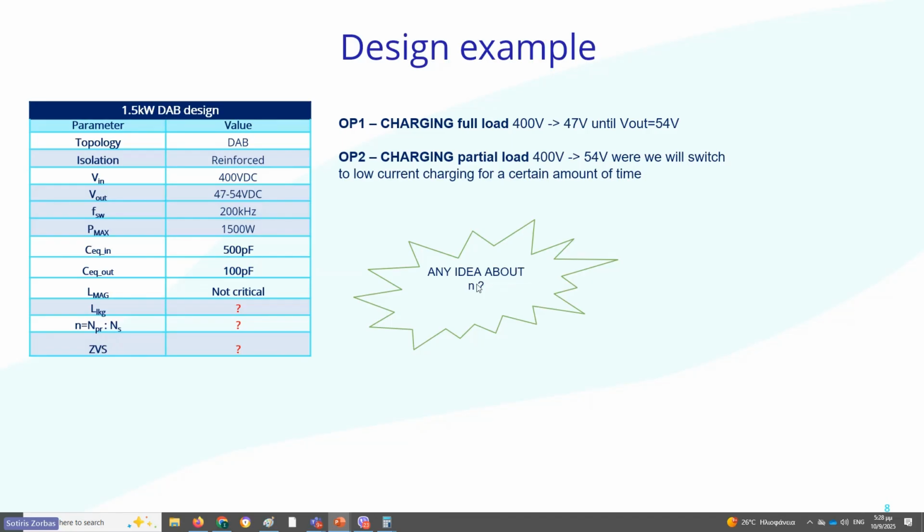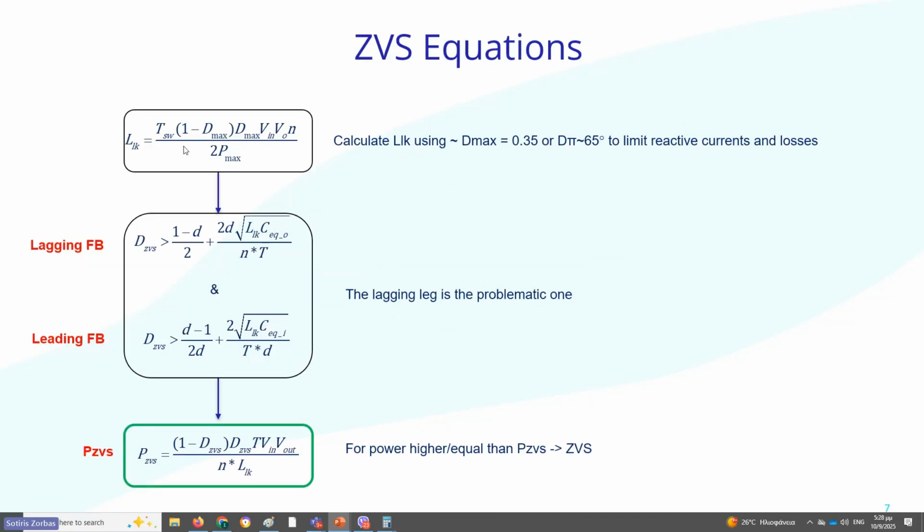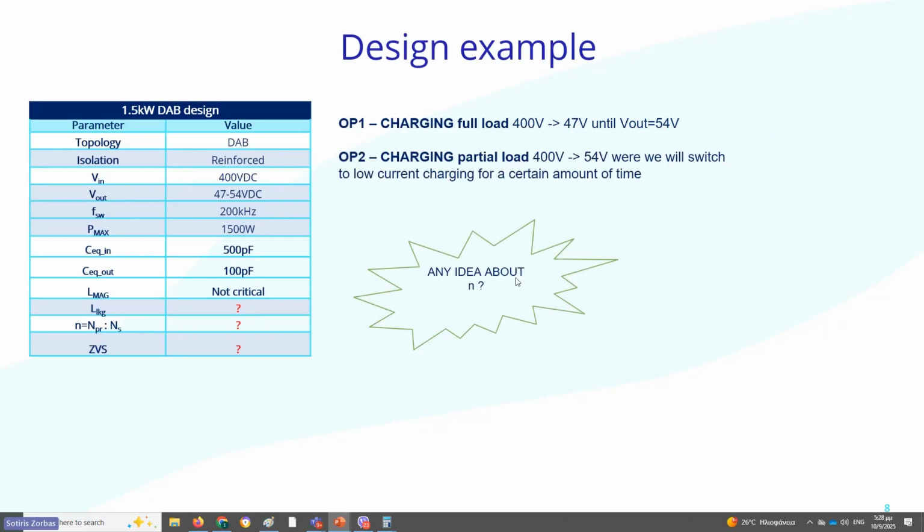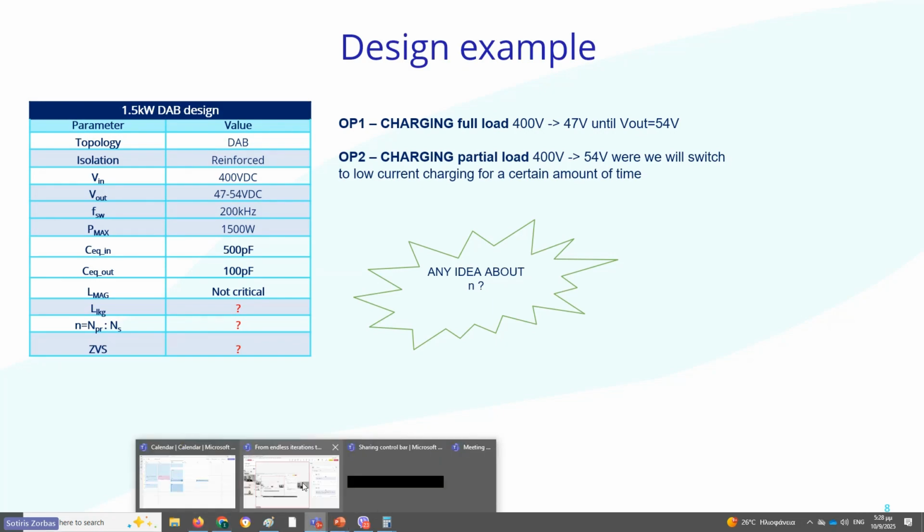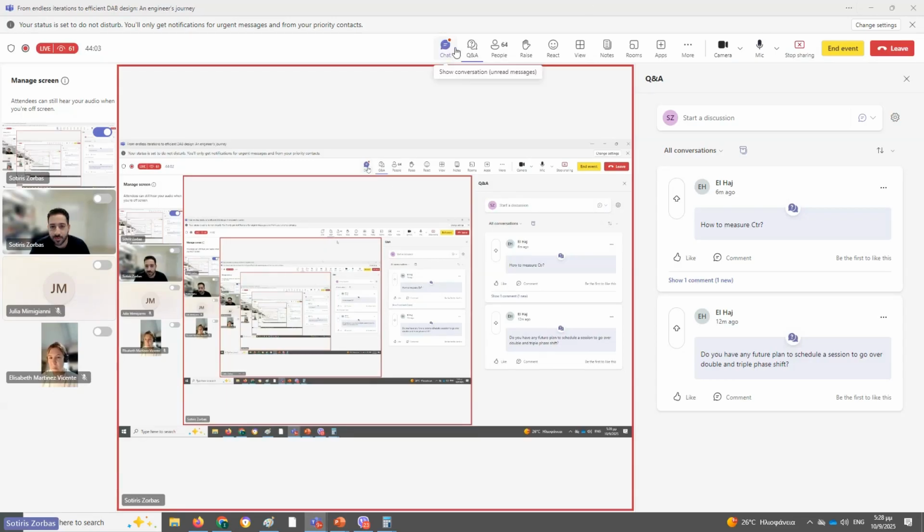Starting off with the N, because if you remember, to calculate the leakage, we need the N parameter. To decide about the N, I'm interested if any of you has any idea about the N. I'm just going to take a sneak peek right now to see if somebody has an idea. We can wait a minute.